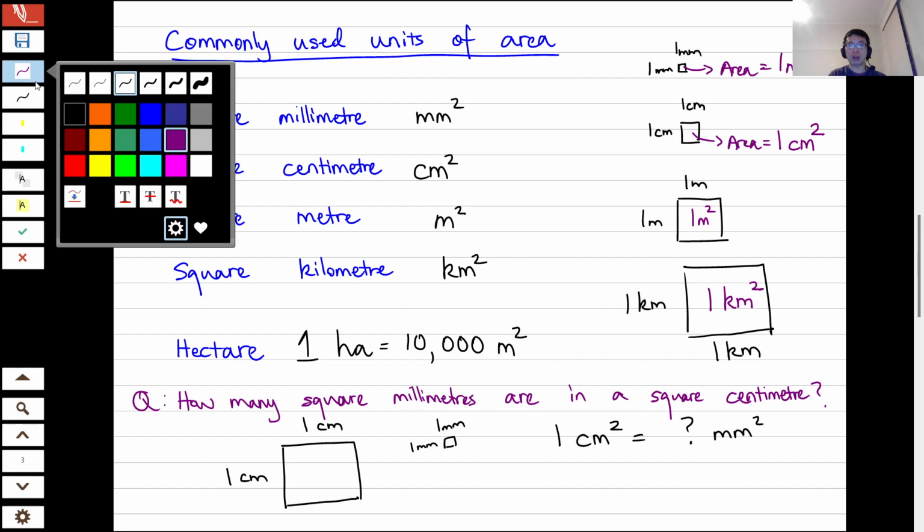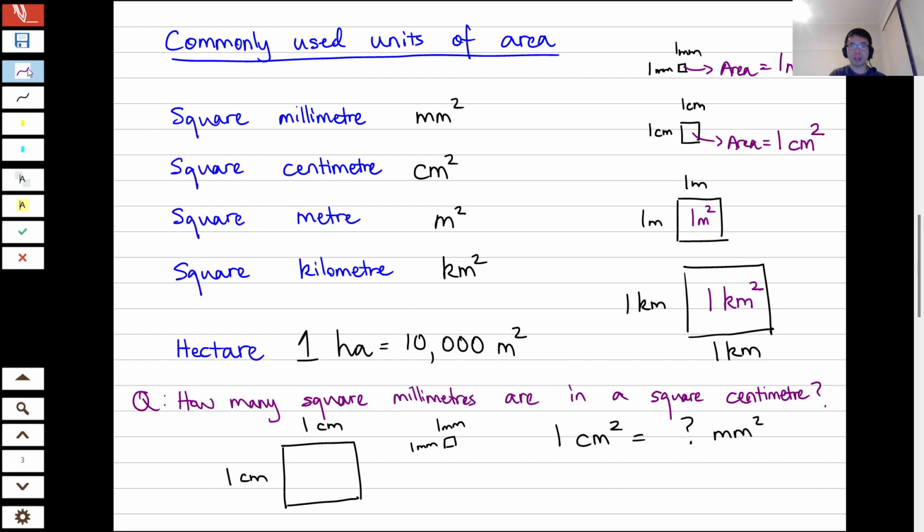Well, if we recall an important fact, which is that 1 centimeter is 10 millimeters, then what I'm going to have inside this really large square is 10 squares per row and 10 squares per column.